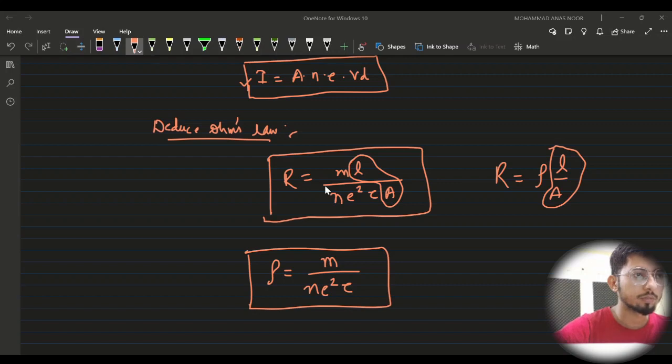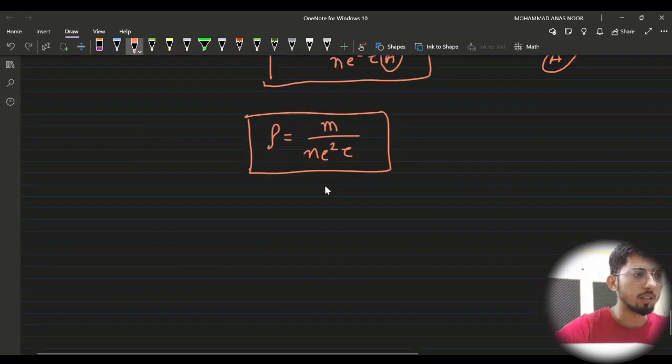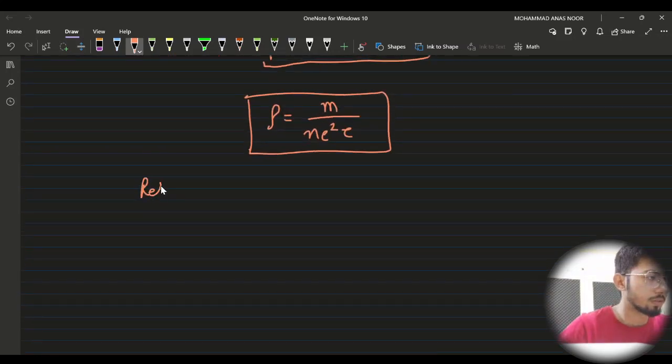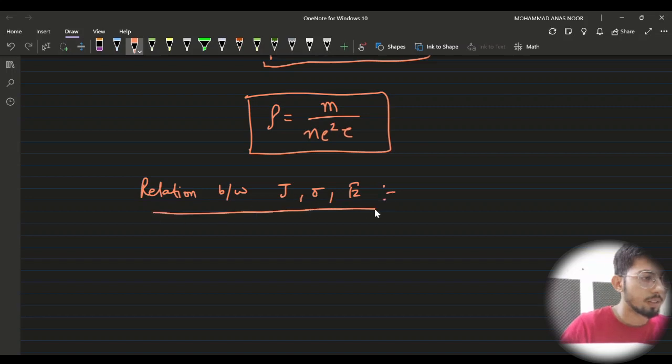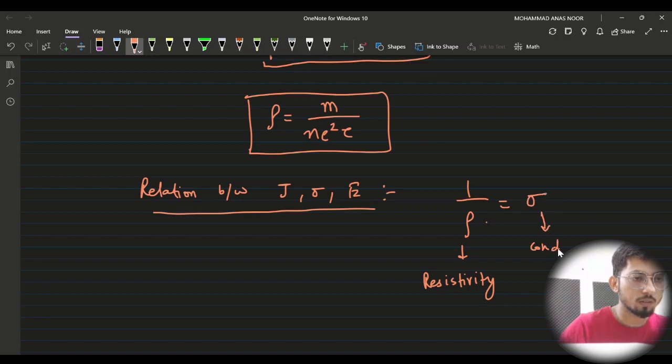Now there is also another relation between J, sigma and E, to take care of the numericals. J is the current density. Resistivity is rho, and if you take the reciprocal of it, 1 by resistivity is called sigma, which is conductivity.